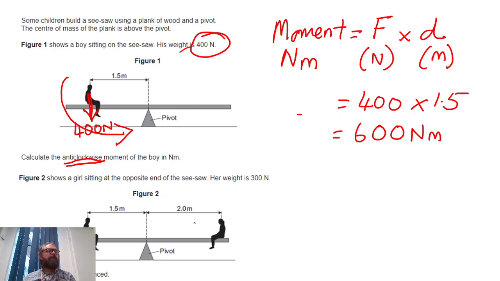In figure 2, the seesaw is balanced. You can see that there's somebody else on the end of the seesaw and they're sitting further away. Her weight is 300 newtons.